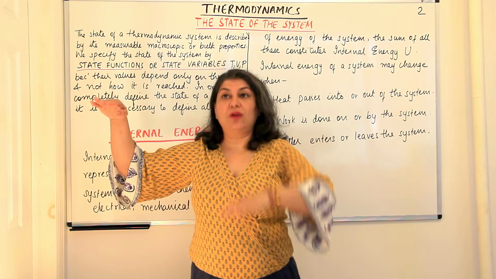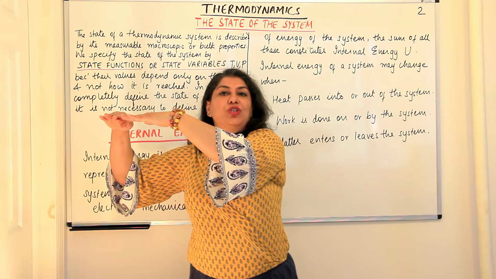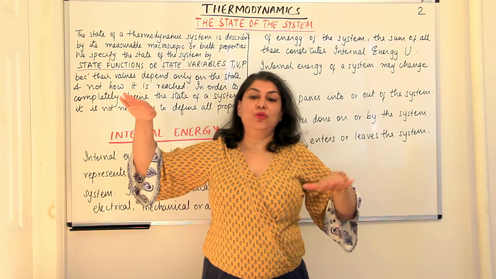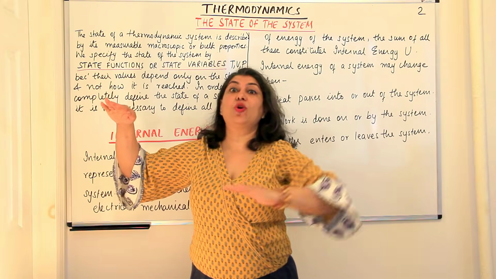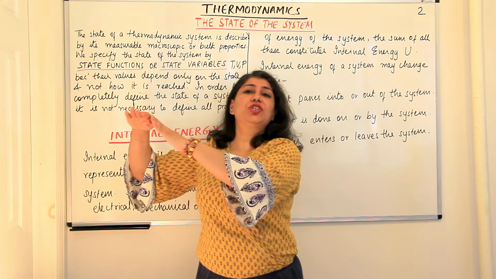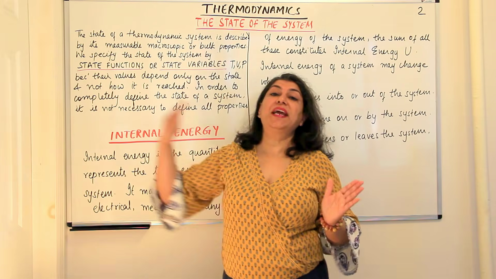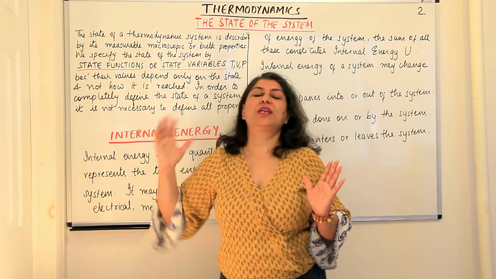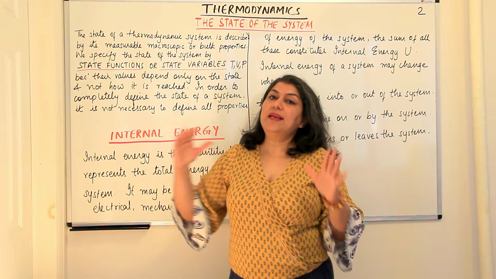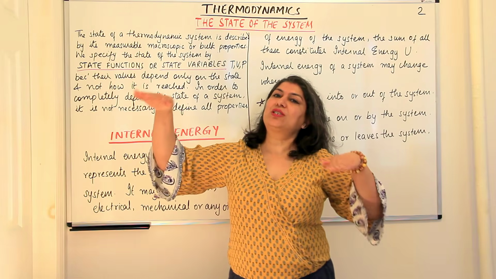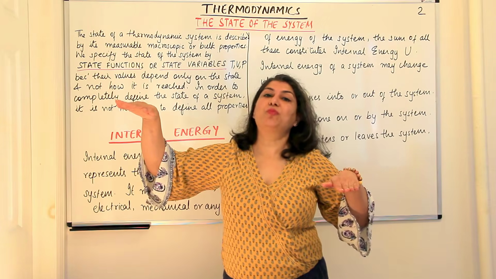Or maybe you took it down, took it above, and then came back to T2. However your path went, whether you reached state A to state B directly or indirectly, this function is fixed for that state.